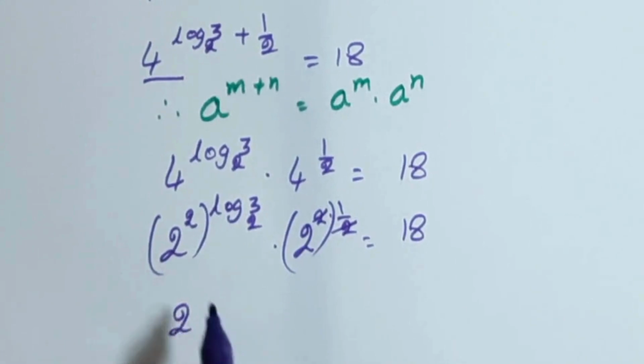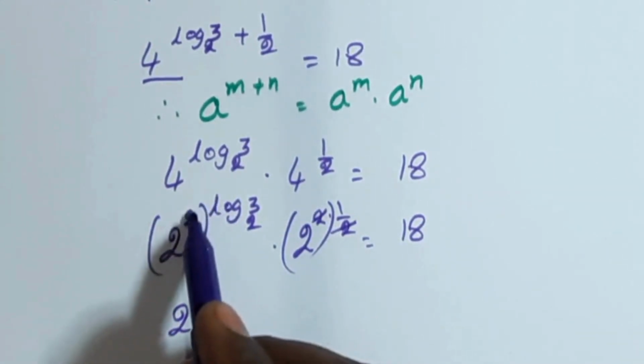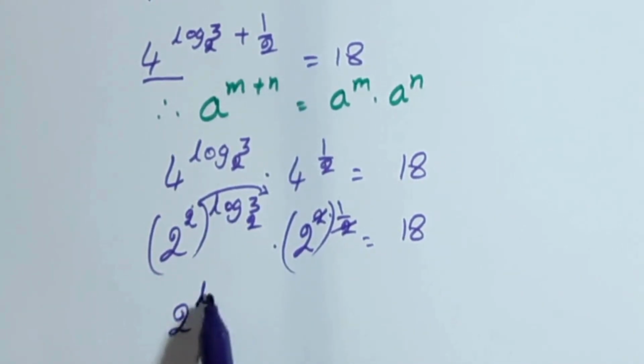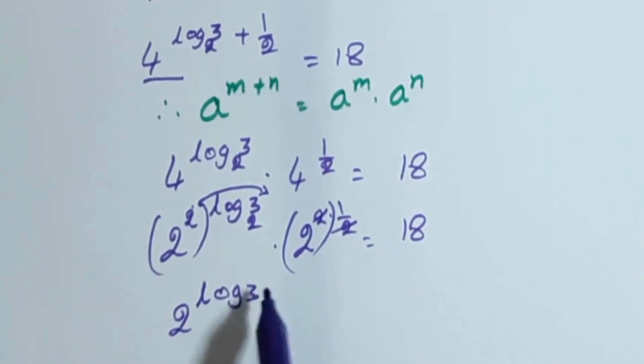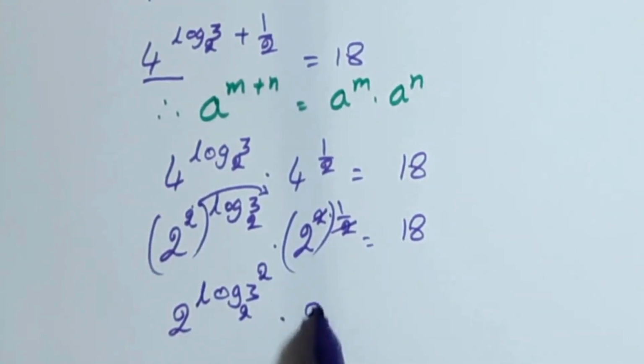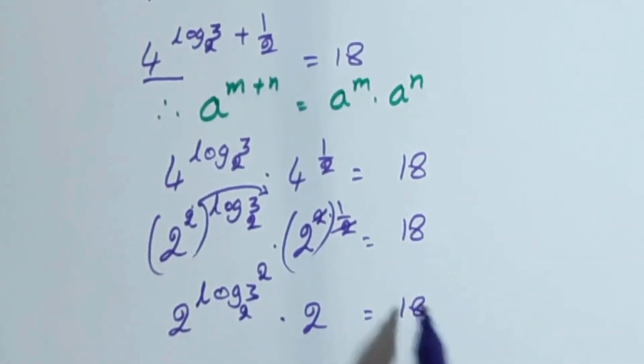2 to the power of log power formula. This 2 can come this side. So 2 to the power of log 3 to the power of 2 base 2 into 2 equal to 18.